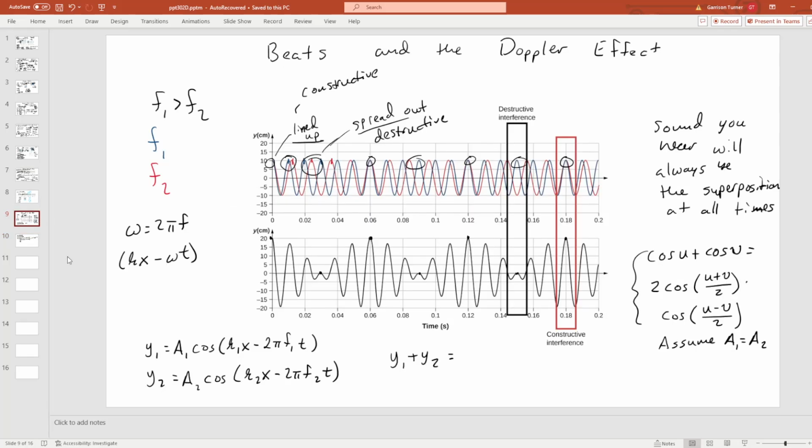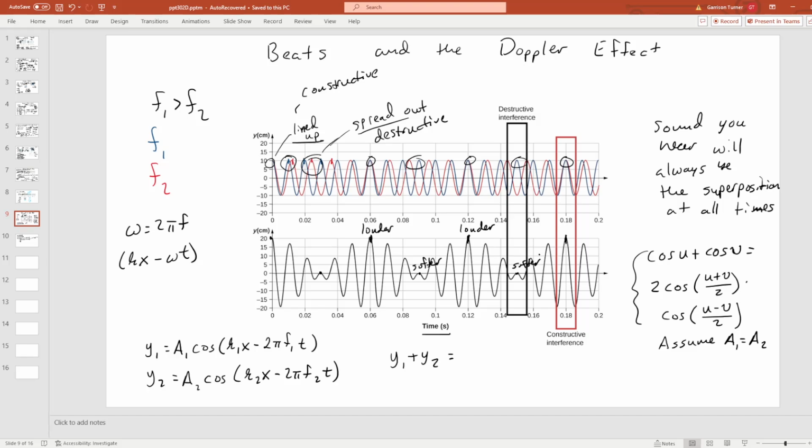If we come back here, we can see that because this is the time domain, our points of constructive interference occur in time. That's why we're interested in the time domain of this calculation. This phenomenon where you get a louder sound and then a softer sound and then louder and then softer is time dependent.